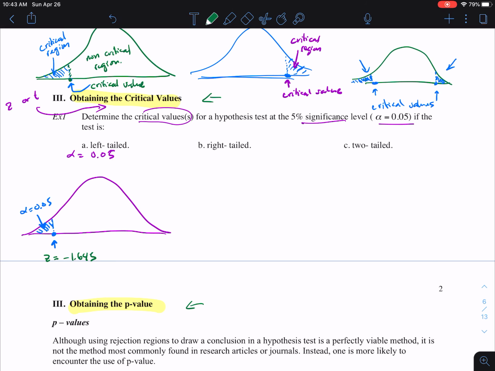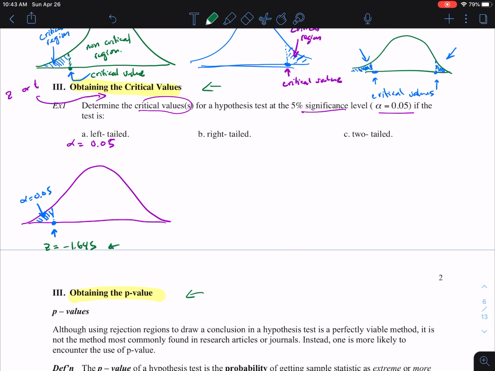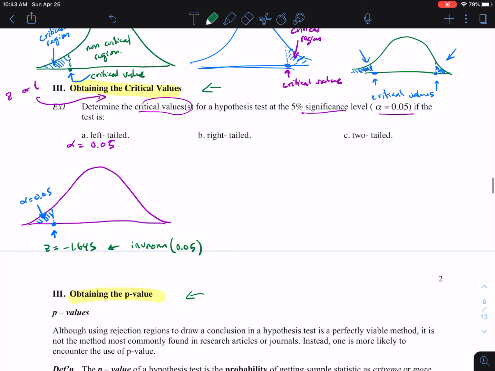And how do we get that critical value? To get this one, we just do inverse norm, area to the left is 0.05, and that should give us that critical value. This is the cutoff value that determines whether a sample test statistic falls in the critical region or not.